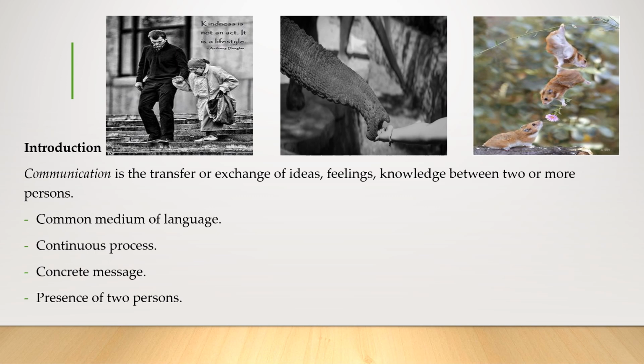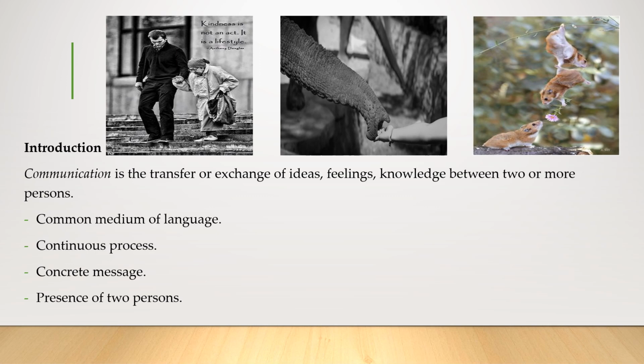And the third picture, which is very sweet, shows squirrels who form a chain and are communicating with each other by sharing some gestures, which is not very clear, but for sure they are communicating, they are sharing something between themselves, right?